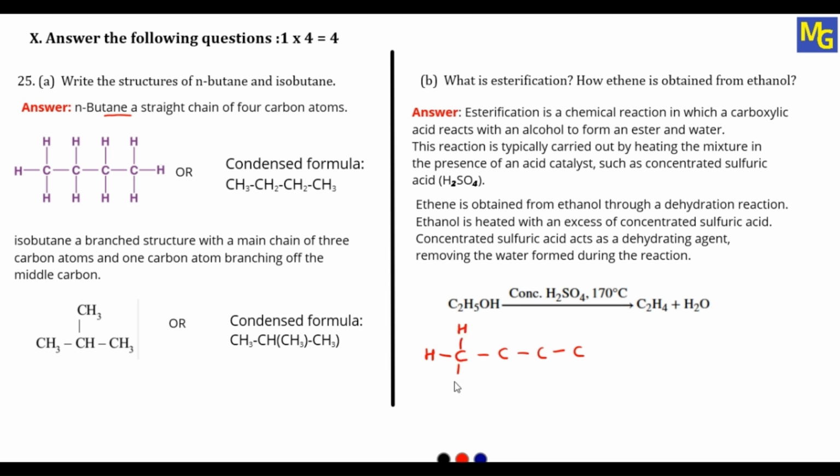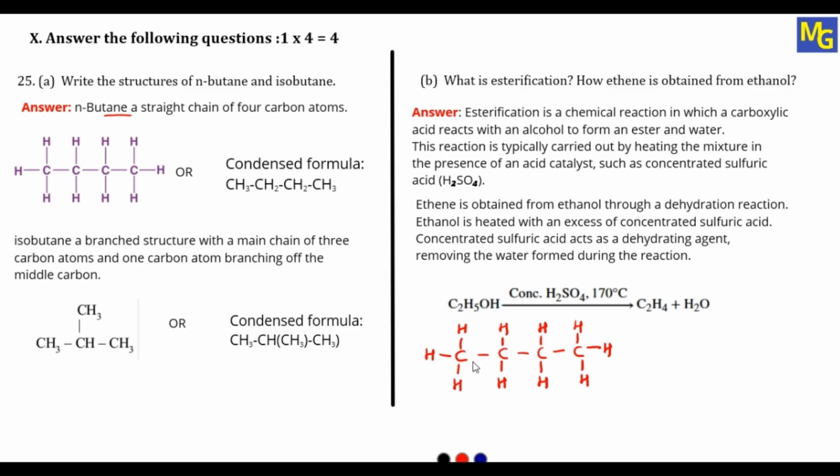So first carbon will get 3 hydrogen, second carbon will get 2 hydrogen, third carbon will get 2 hydrogen, and fourth carbon will get 3 hydrogen. So like this we balance the valency of each carbon, and this is the structural formula of N-butane. It is a straight chain compound.